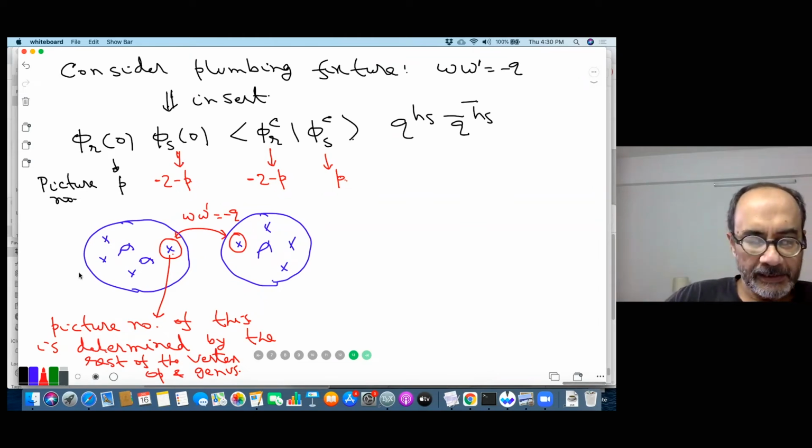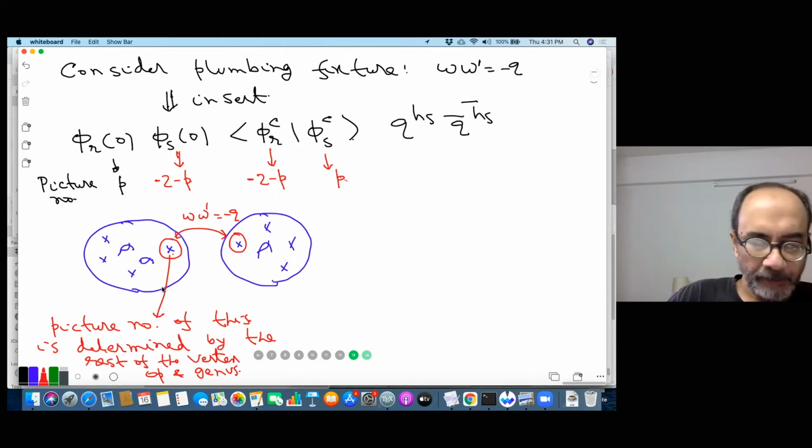Once you have put the picture numbers of this, you just add up everything and you find whatever the picture number of this should be. So it's fixed. On both sides it's fixed, and it better be that they are related by this, otherwise the result will be 0.